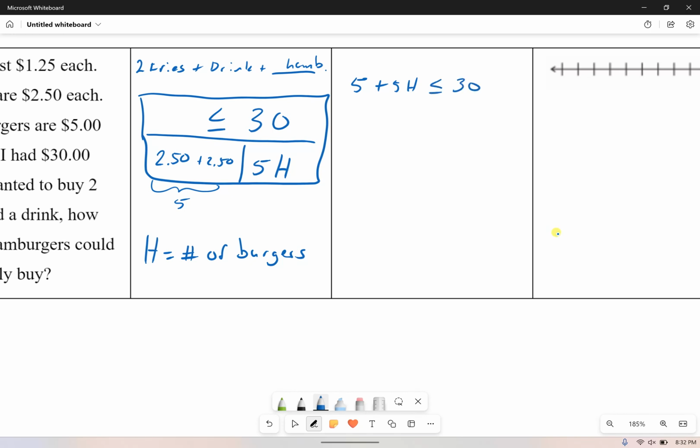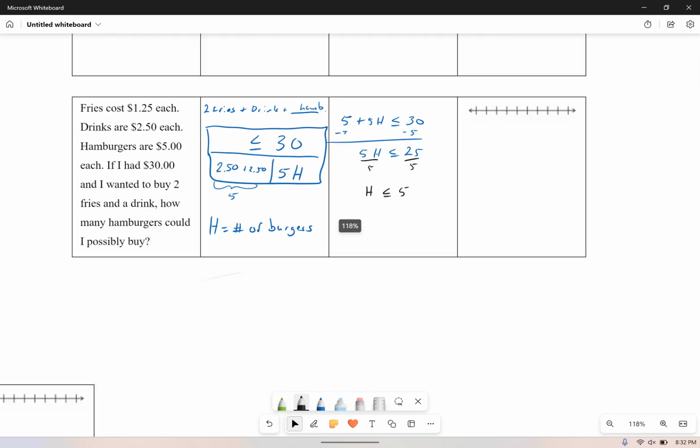It's going to be less than or equal to 30. So I'm going to subtract 5. 5H is less than or equal to 25. I'm going to divide by 5. The number of hamburgers I can buy is less than or equal to 5.